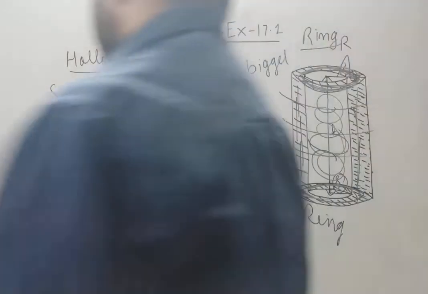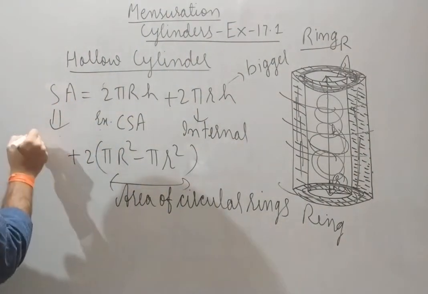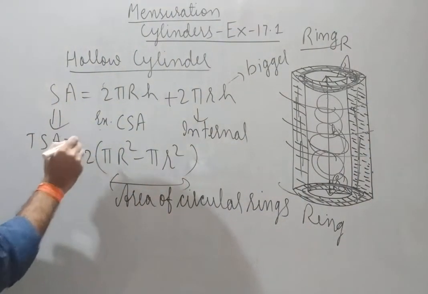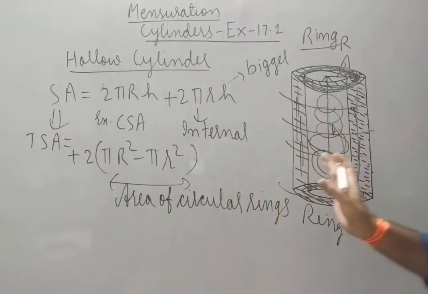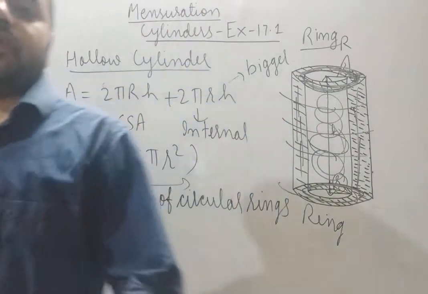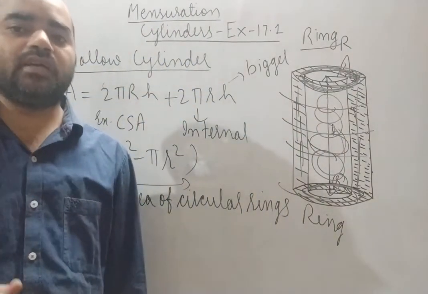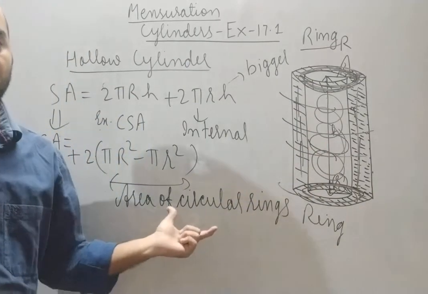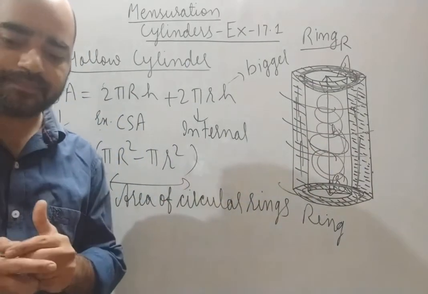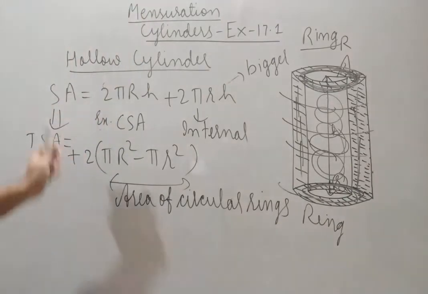Which surface area? Surface area means total surface area of the hollow cylinder or cylindrical pipe. If curved surface area is asked, it means internal curved surface area plus external curved surface area. Correct? So this is about surface area.